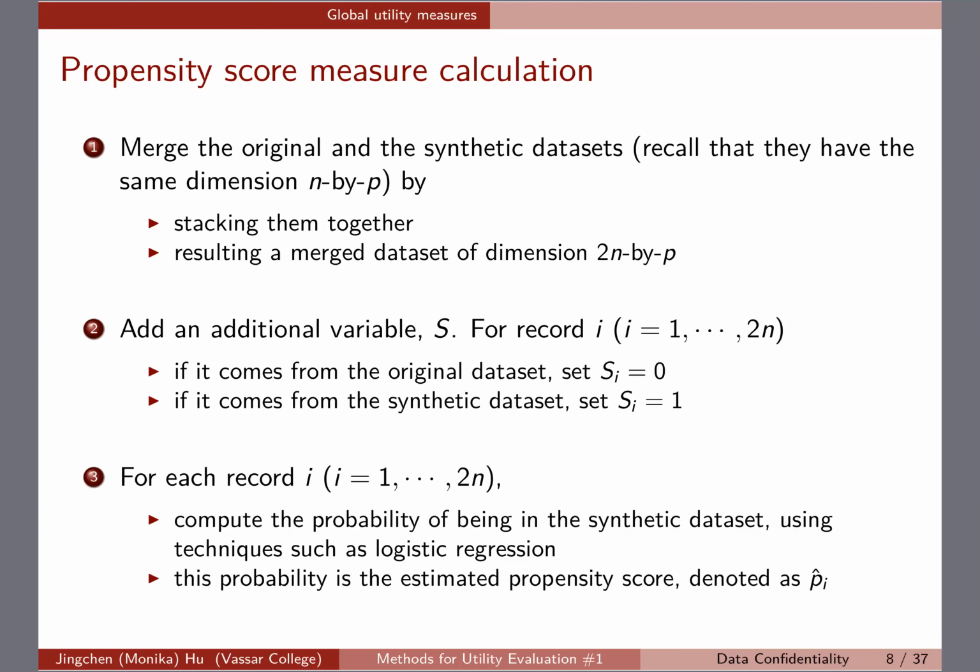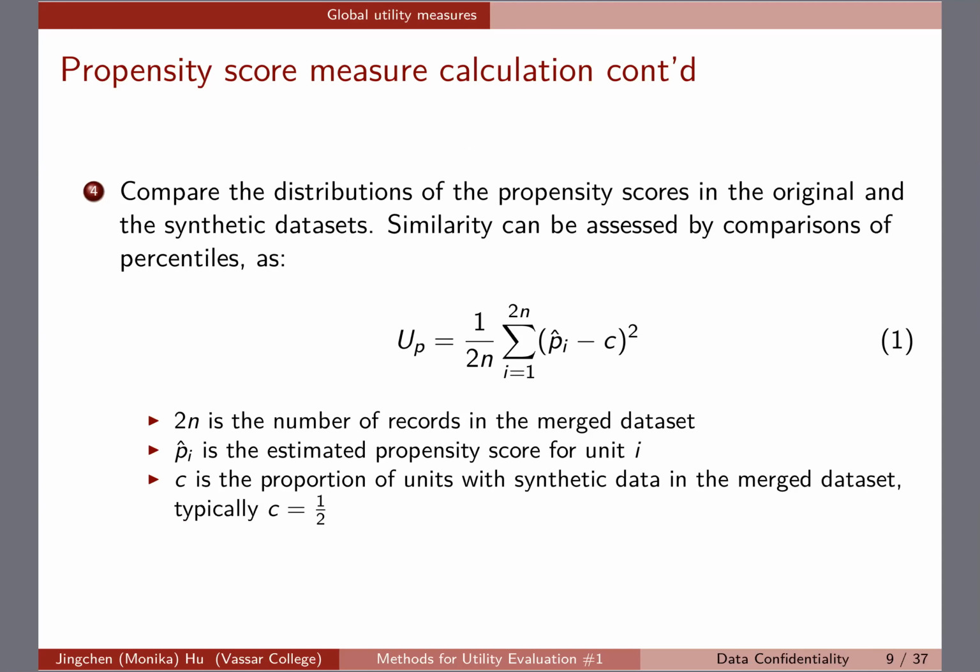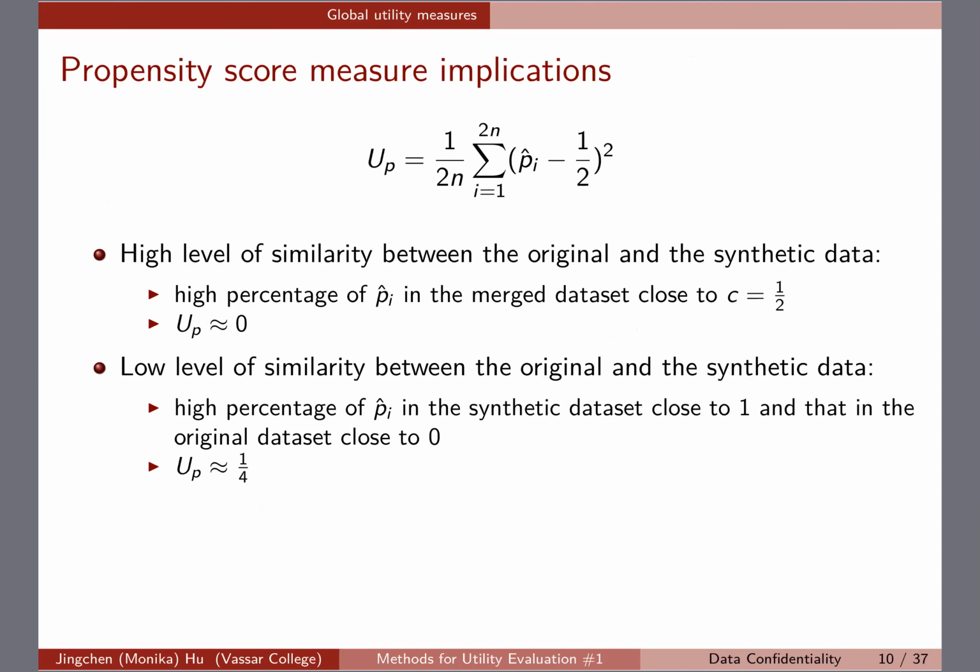So we looked at the steps of how to do this, and then I gave you a demo of doing it using R. At the end of the day, we're looking at this measure, where U stands for utility and P stands for propensity score. We look at the predicted probability of each observation belonging to the synthetic data, that is, pi hat out of the model.